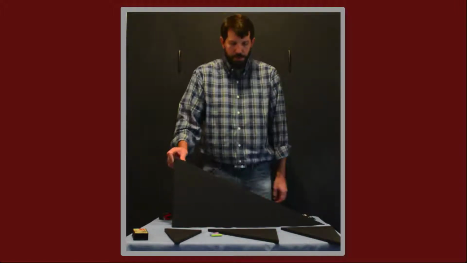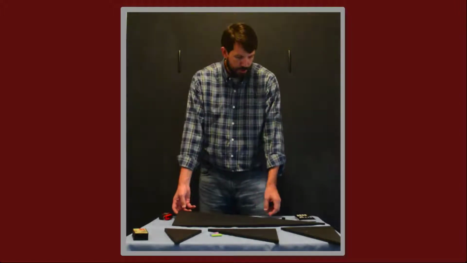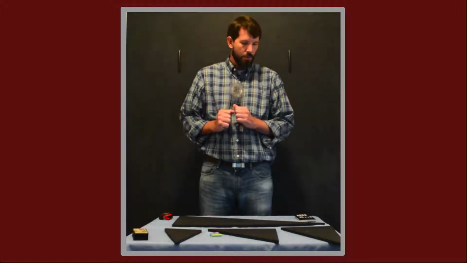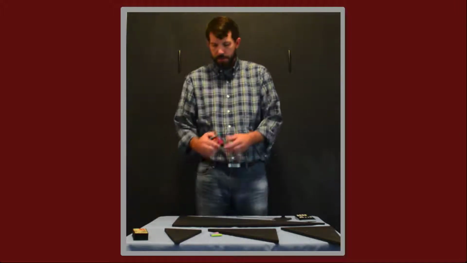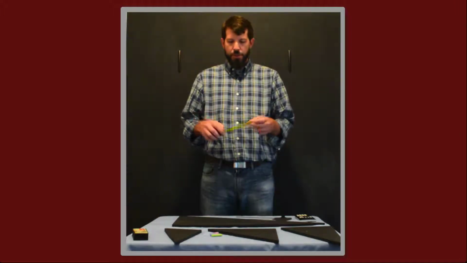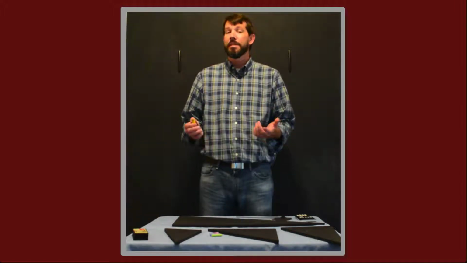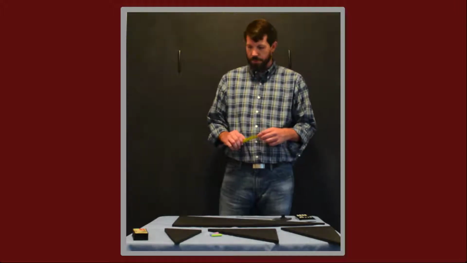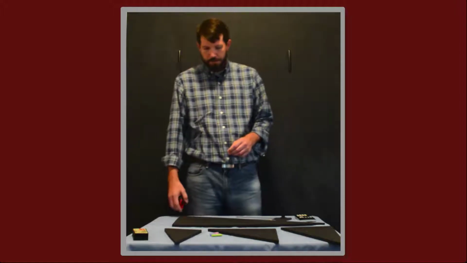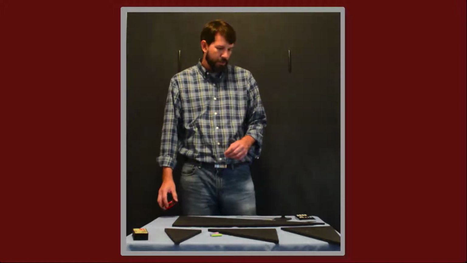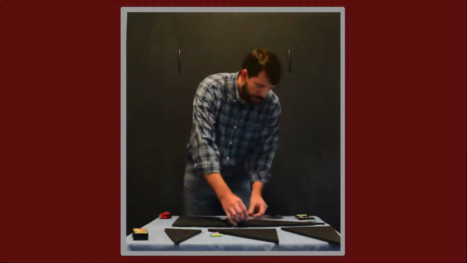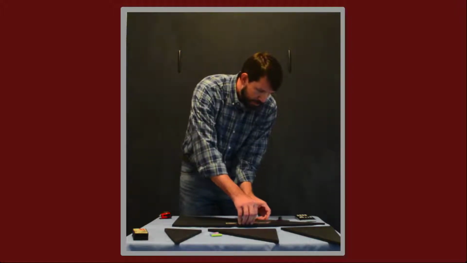I'm going to start with the largest triangle, and I'm going to use this device here to measure the angles within the triangle, and then I'm going to use my tape measure in order to measure the side lengths. But to keep things nice and simple, I'm going to use centimeters because that's a whole lot easier than inches and feet. Now, let's get started with finding angle measures. So I'm going to use my angle finding gauge here.